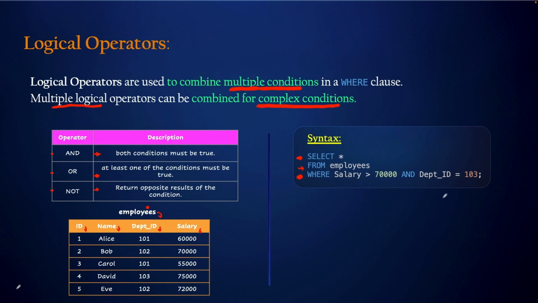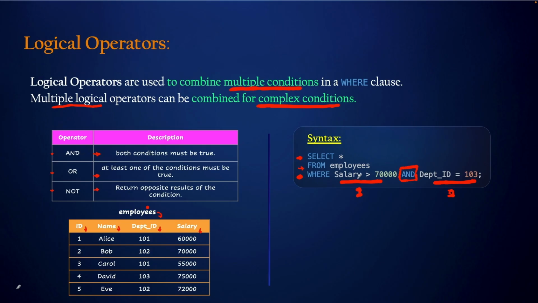And in the where clause, see here, you have two conditions. This is the first condition and this is the second condition. And you are combining these two conditions using your logical operator.